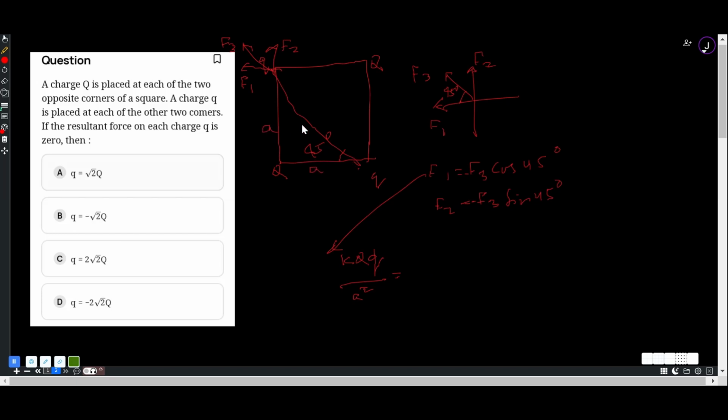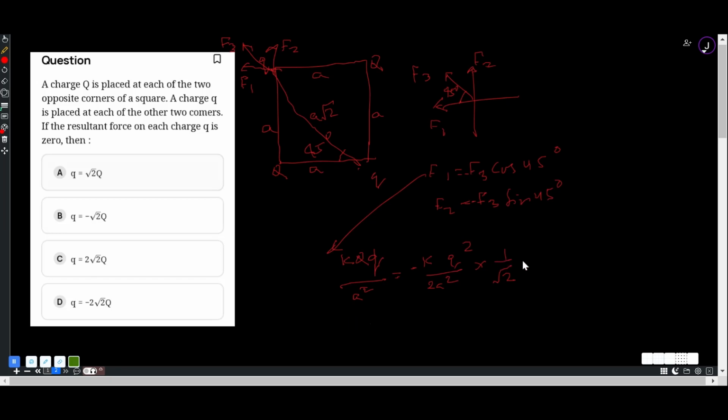Now we will put values for these forces. So F1 is 1 by 4 pi epsilon 0, we can also write it as capital K, so that is K Q small q divided by a square, is equal to minus of K small q square over 2 a square, because the length of the diagonal in a square is a root 2.